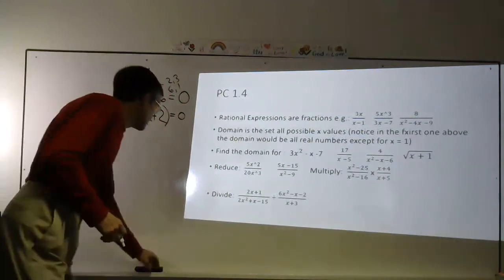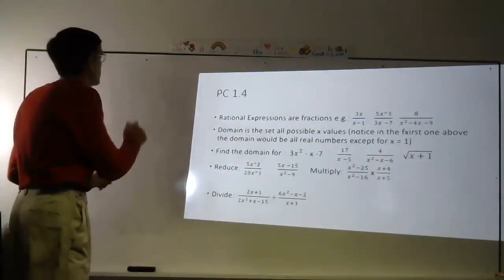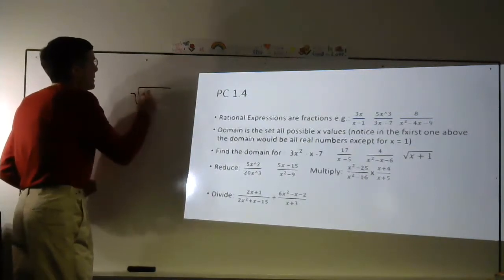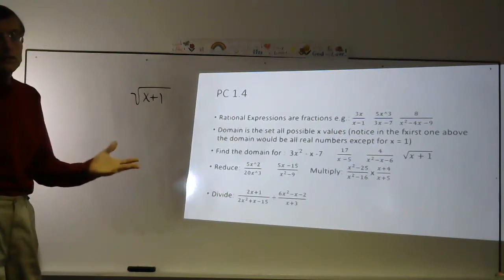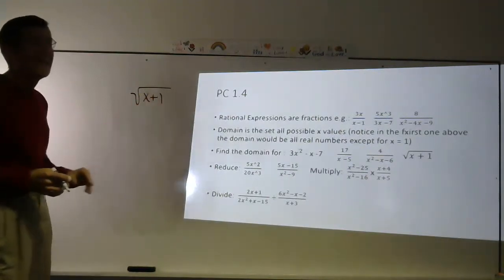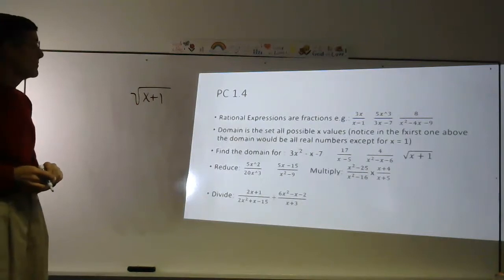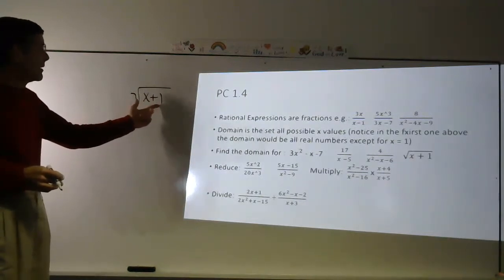How about the last one? Square root of x plus 1. You can't take square roots of negatives. So what is going to make that negative? Well, if I put 0 in there, I get a positive.